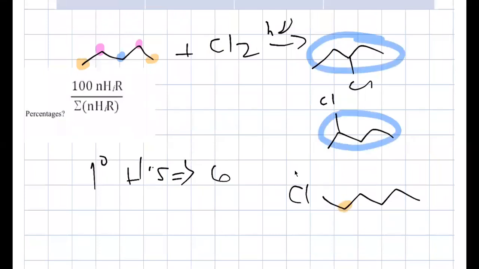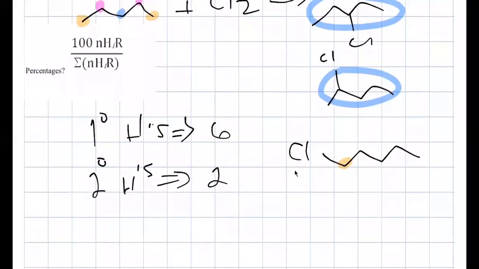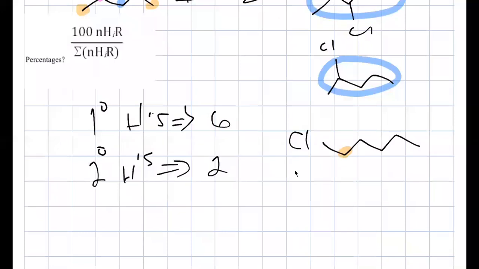So for secondary hydrogens, I'm going to break that up into 2 and then 4, but there's a total of 6. If it's not specific, then you can lump them all together. But because you've got 2 different types of sites, even though they're both secondary, they're going to give you different products, so we're going to break them apart.